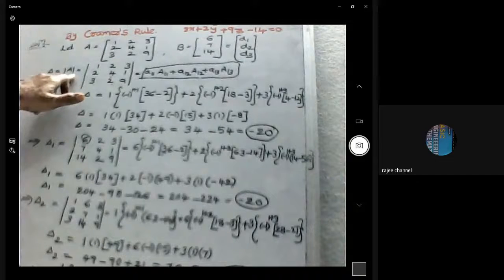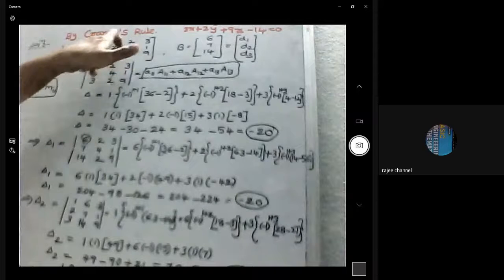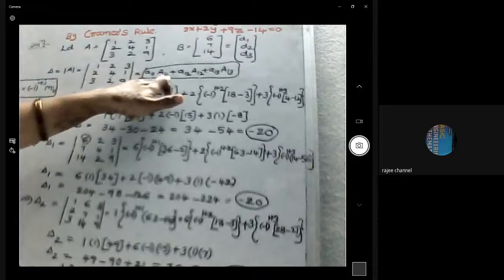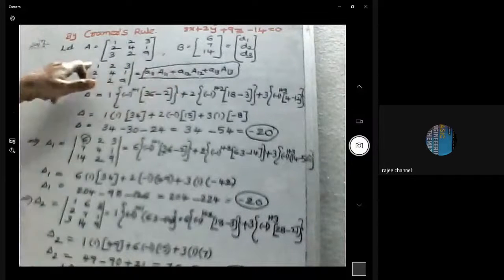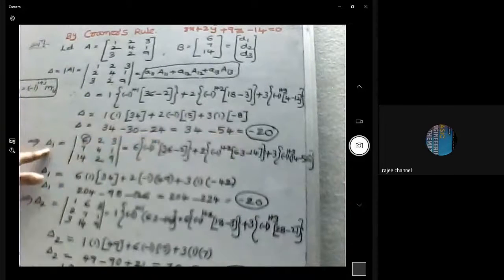Now we find delta. Delta equals determinant A. Determinant A means the determinant with values 1, 2, 3, 2, 4, 1, 3, 2, 9. We use expansion by first row formula, and according to that formula we can find the delta value. Next we find delta 1.